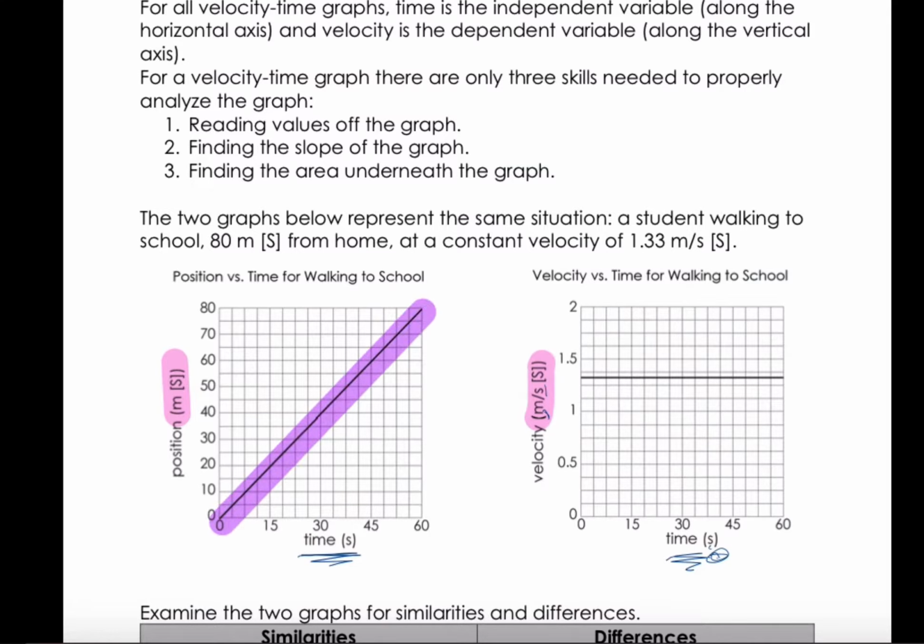Because it's a constant velocity, this line is constantly at 1.33 meters per second south.